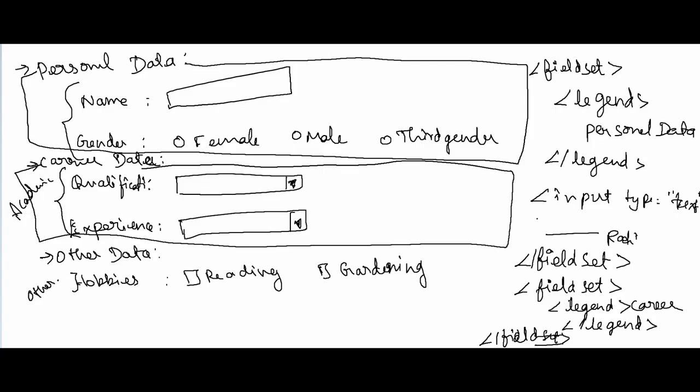So I hope you have a great idea of creating a normal web form. Now let me show you the validator. HTML validator means you can validate your code. You can validate your code by going to the site validator.w3.org.